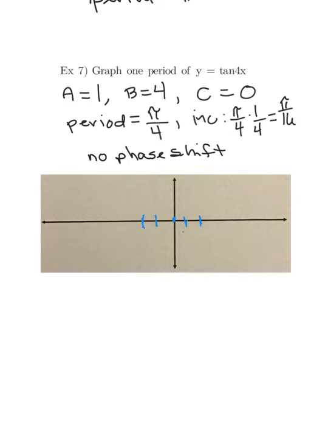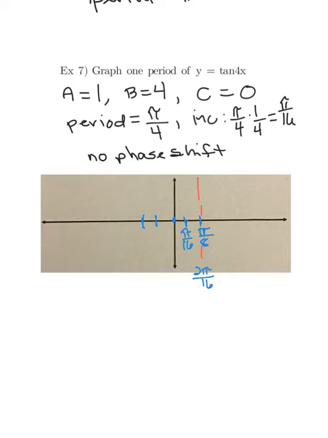So the first mark will be pi over 16, and then the second mark, pi over 16 plus pi over 16, is 2 pi over 16, which simplifies to be pi over 8. The second mark over is always your asymptote.